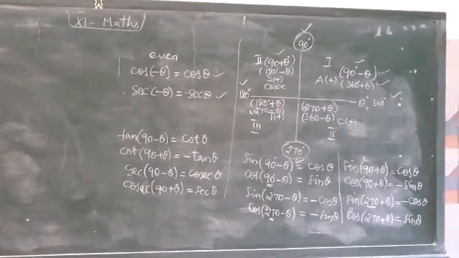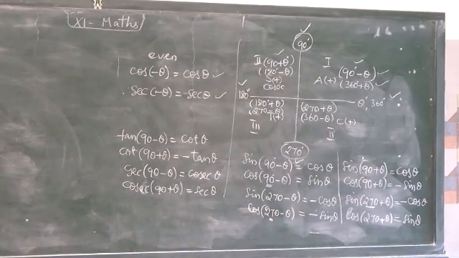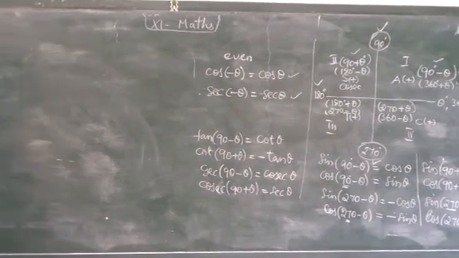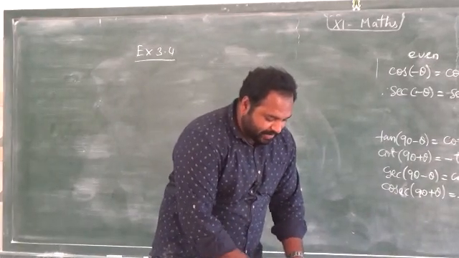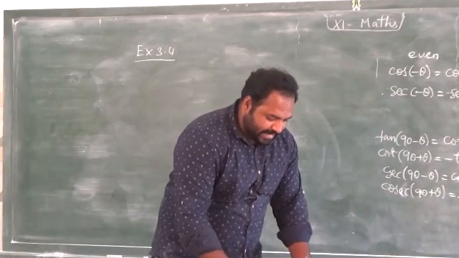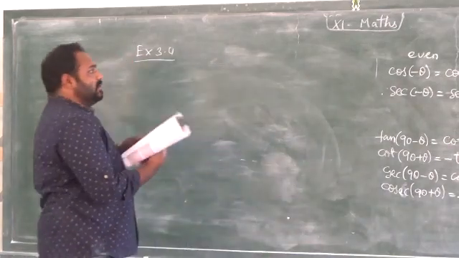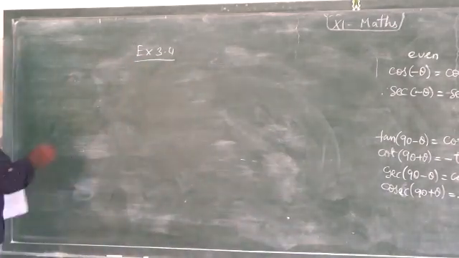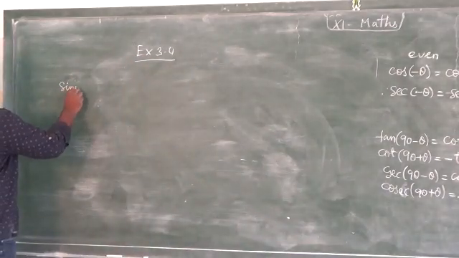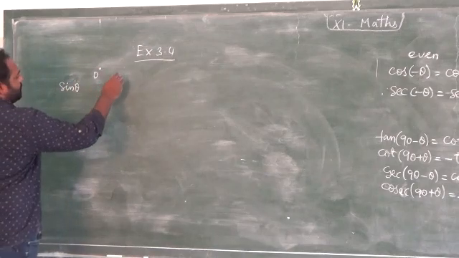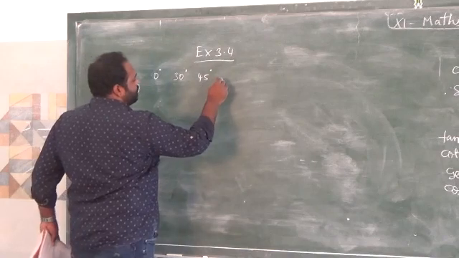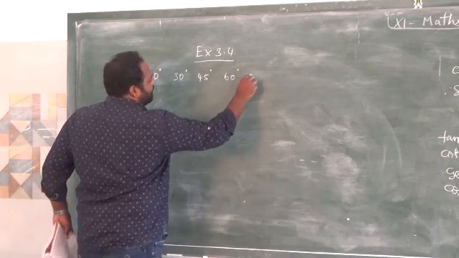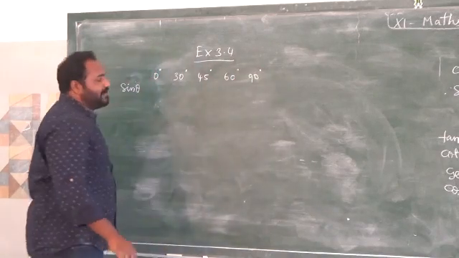Exercise 3.4. Before seeing exercise 3.4, we can write the values of sine, cos and tan. It will be useful: 0 degree, 30 degree, 45 degree, 60 degree and 90 degree. Only up to here we know the values.